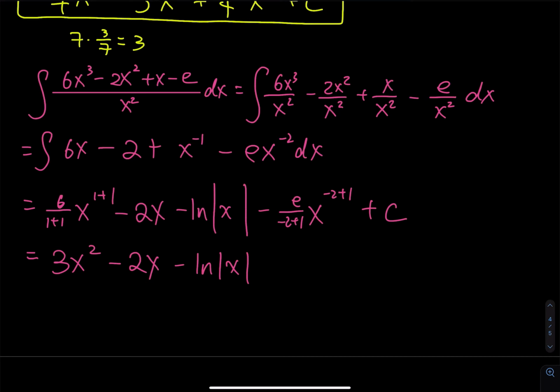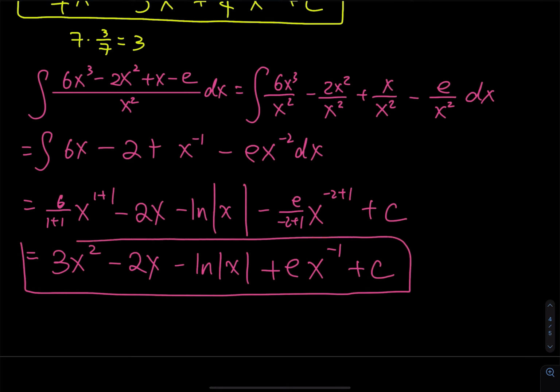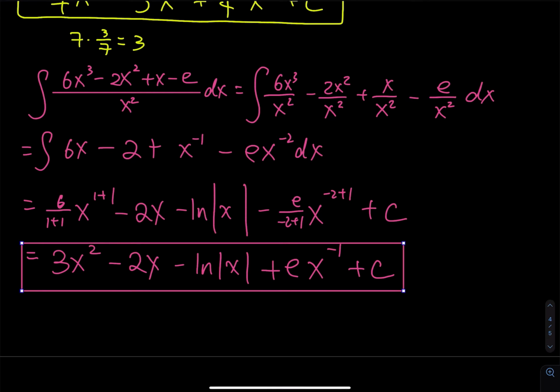Negative 2 plus 1 is negative 1, so negative, a minus becomes a plus e, and then x to the negative 1, right? So you bring this down, you get your minus sign, and then negative 1 minus 1 is negative 2. And then you add a c to it. So this is your final answer. Once again, do not forget the absolute value, all right?